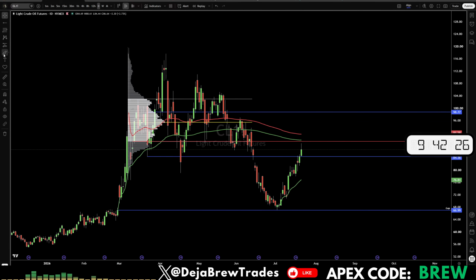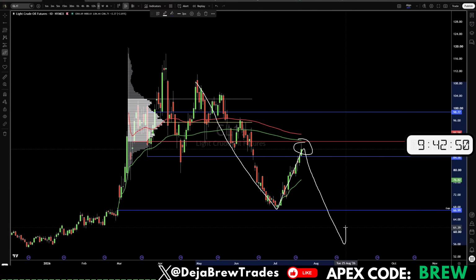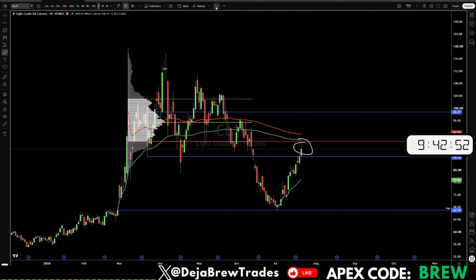But if you're taking just the price action low, the first low was right here. This was more of a trap. So we are recovering that low a little bit. If it does continue, this could be a big move back to 100. But if we see a lot of sell pressure over the next couple of days, this could be a giant bear flag and then going back down.